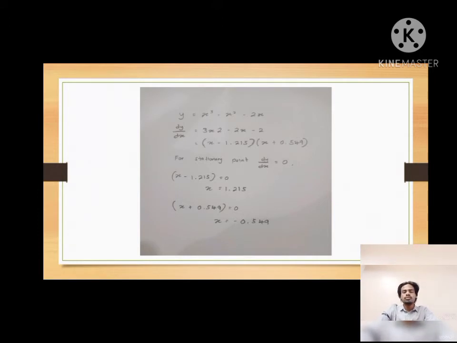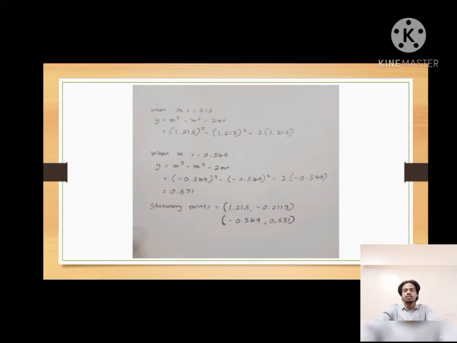Now we have to find both x values. The first x value is x minus 1.215 equals 0, so x will be 1.215. The second is x plus 0.549 equals 0, so x will be negative 0.549.